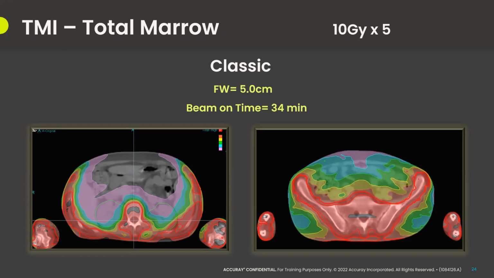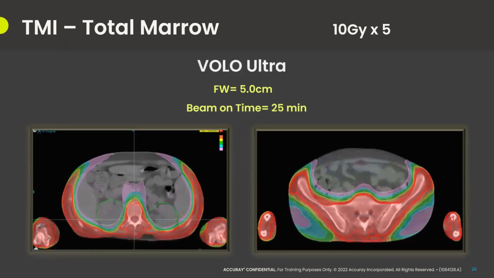But now let's look at the VOLO Ultra plan. And this is really where VOLO Ultra is going to show off. So this one really caught my attention. I took a double take on my comparison slides because it really cleaned up nice. Looking at the sparing through the kidneys and the tight dose fall off in the sacral area is amazing.